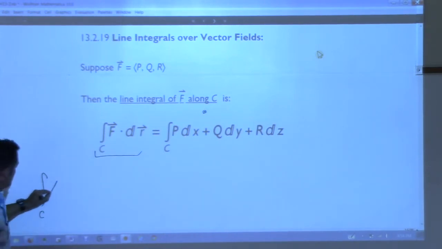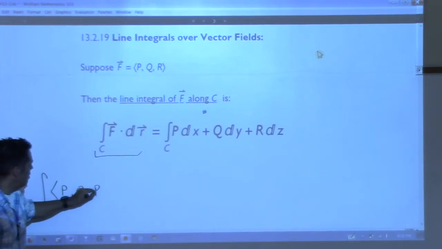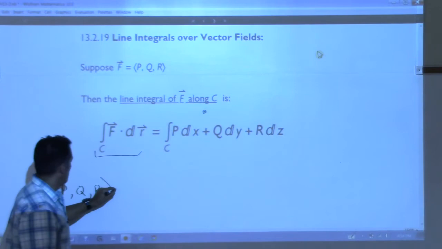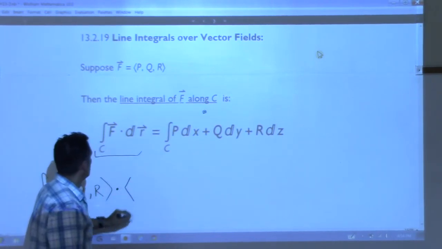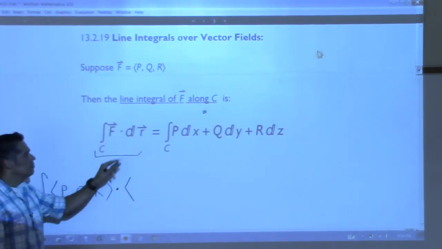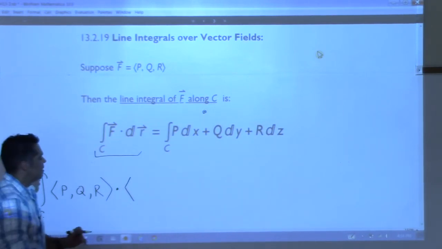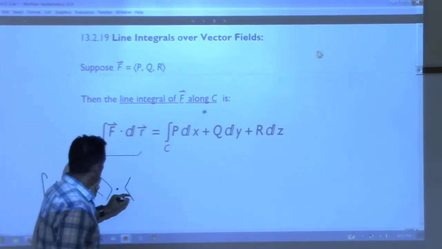F is P, Q, R, and then dotted with your r prime of t.